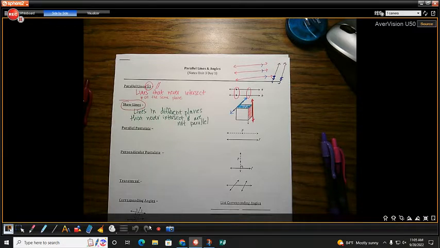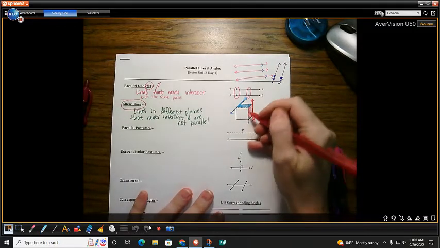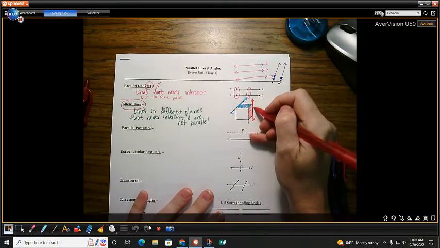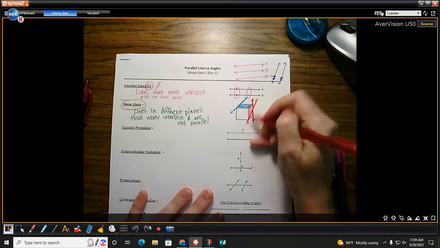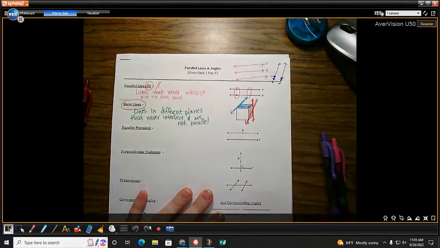Okay? Could my skew line be on this red plane going at a diagonal? Is it still ever going to meet that blue one? No. Imagine in this room, the line along the top of the whiteboard, running horizontal.